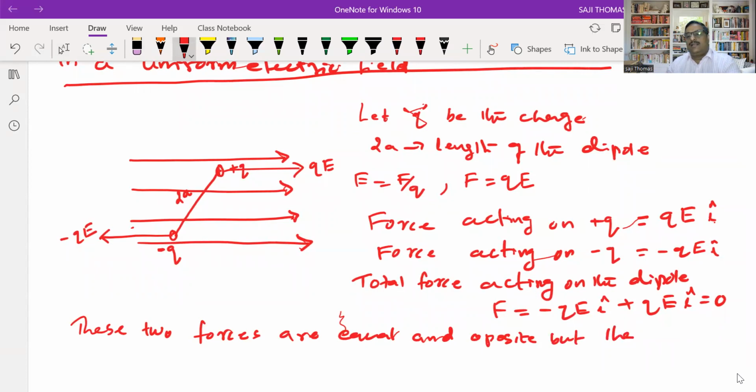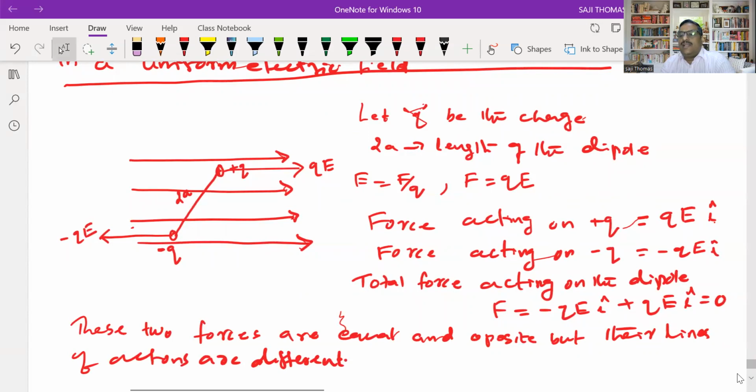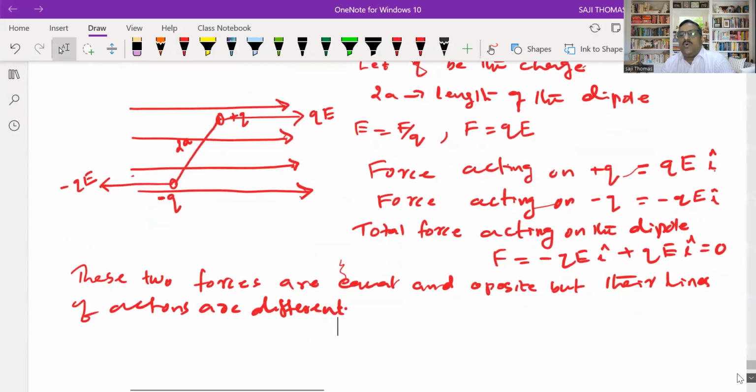So what will happen? The dipole will experience a torque.